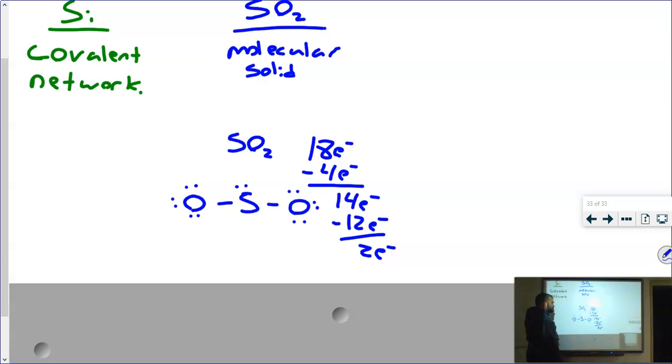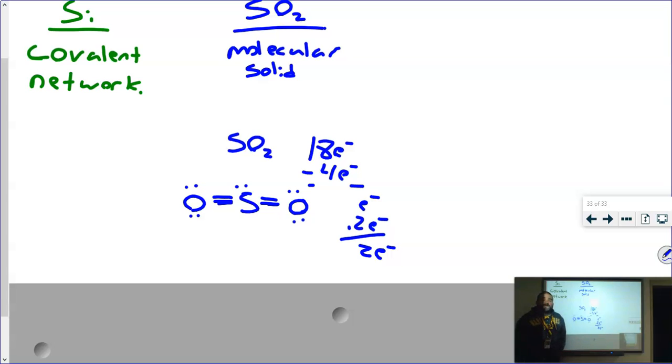There's my structure. It's not perfect. I really should fix it because that's not the Lewis diagram. If you look at formal charge, this ain't gonna work. Don't mind my electron count. It's all gone. There's your structure. That's your appropriate Lewis diagram for sulfur dioxide.